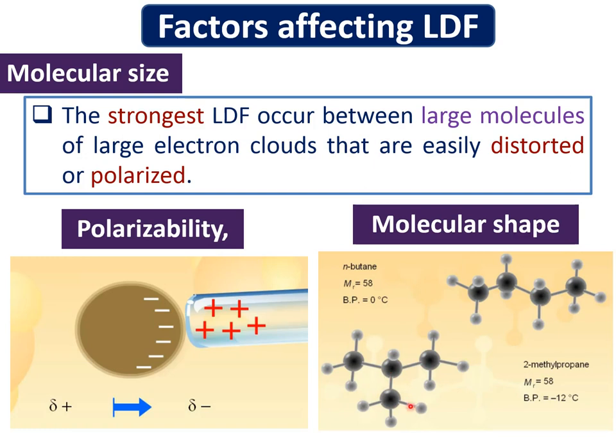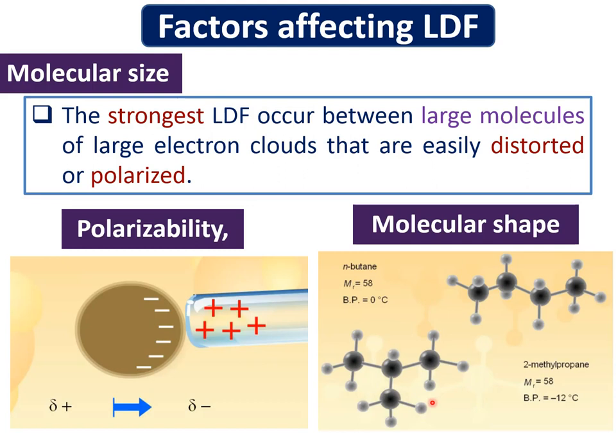The branching may hinder the formation of the transient dipoles. So the London dispersion forces in normal butane are stronger than in 2-methyl propane, and hence the boiling point is larger. This is the origin of the difference between normal butane and 2-methyl propane.